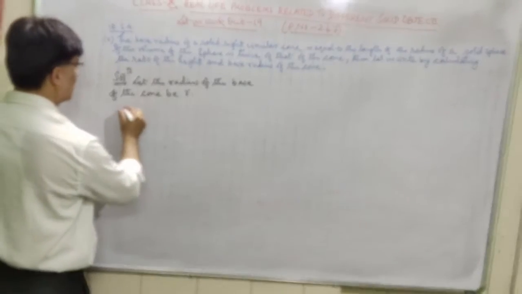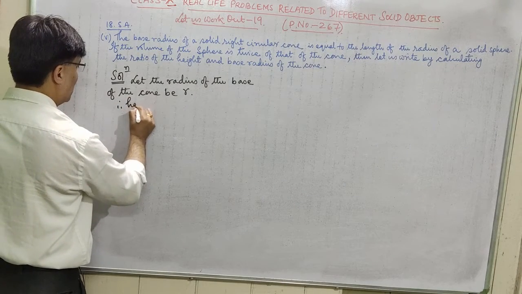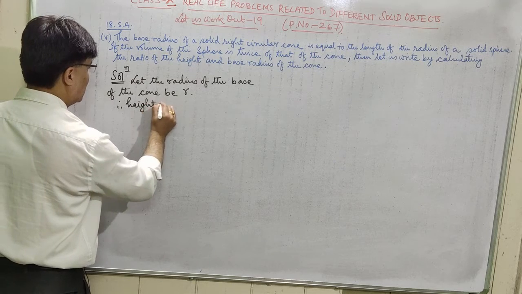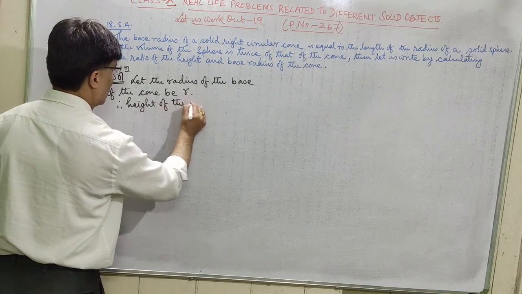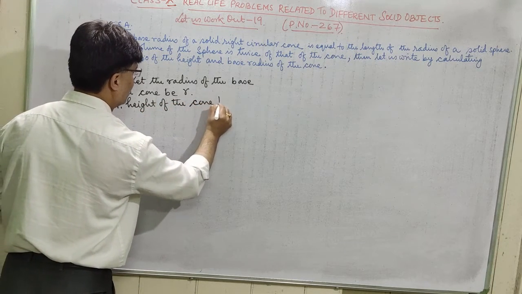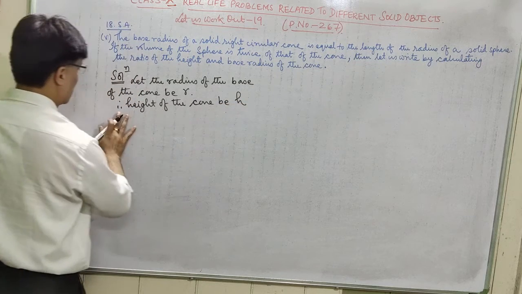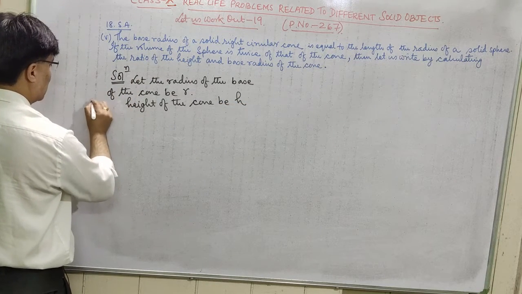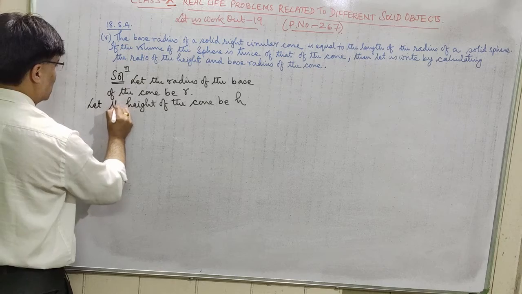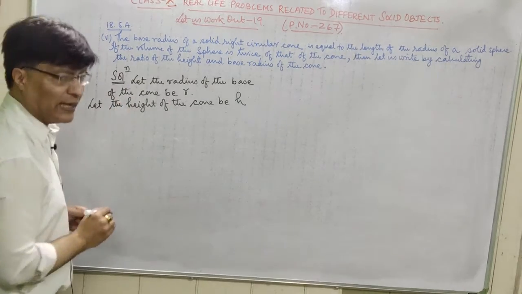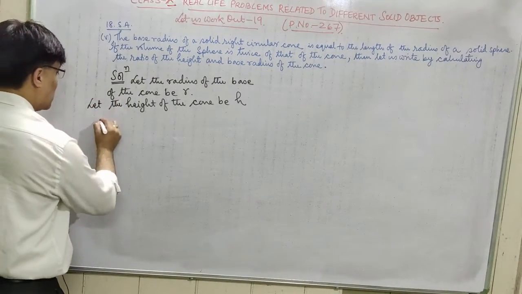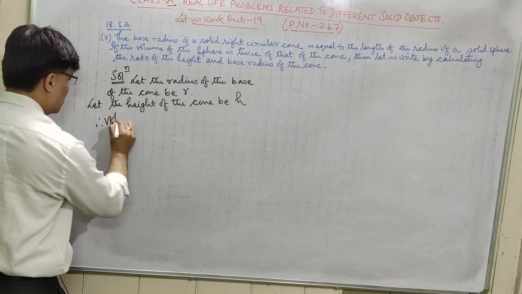Let us assume the height of the cone also. Therefore, let the height of the cone be h. Okay, so now let us find out the volume of the cone.